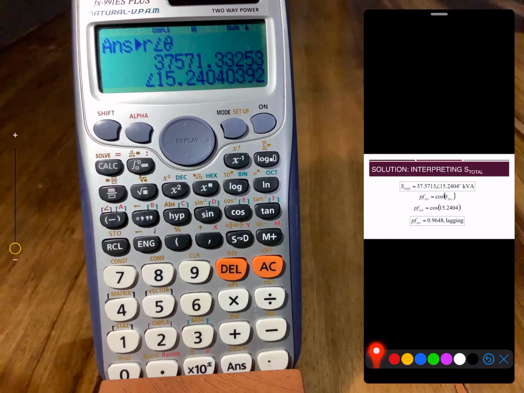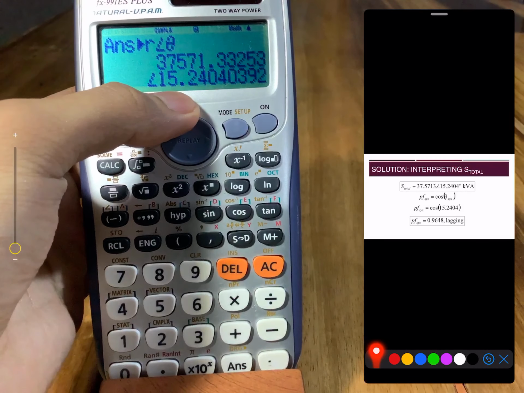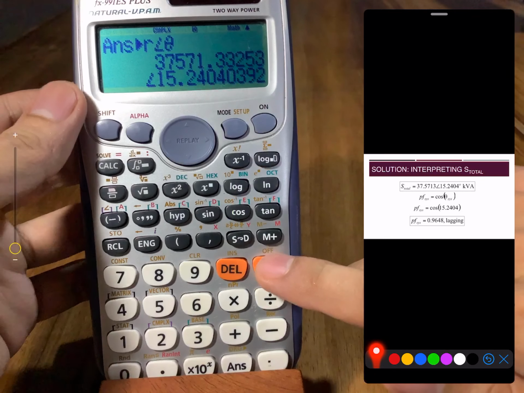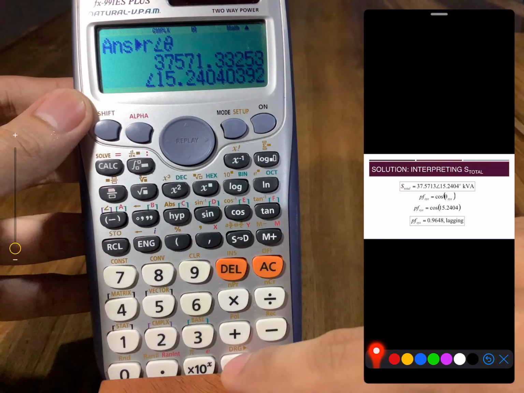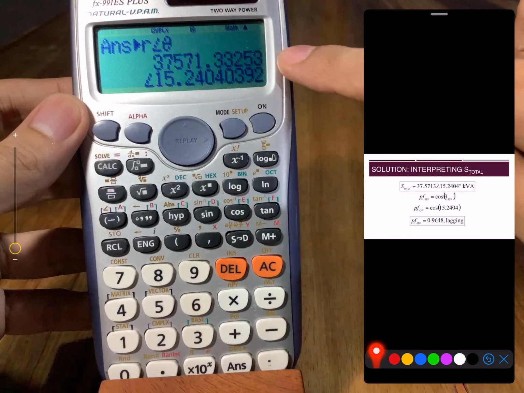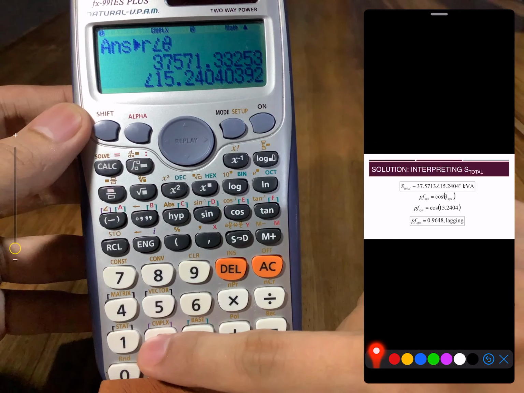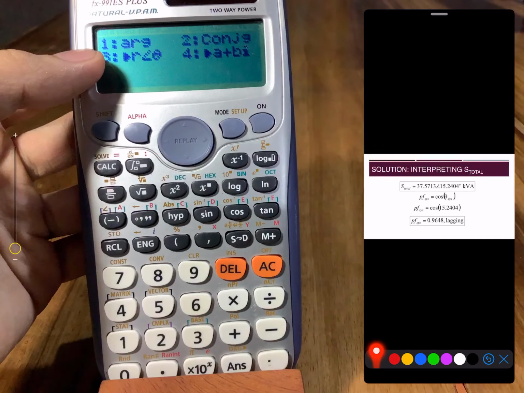And in solving the power factor, we just have to consider theta, 15.241. So in this calculator, the answer is this power, and we have the complex function shift 2. So we have number 1 function arg.